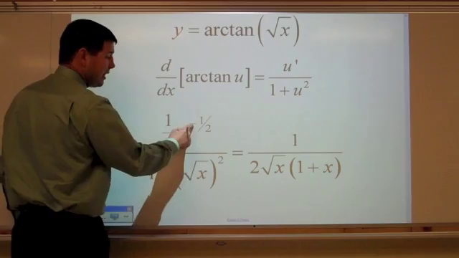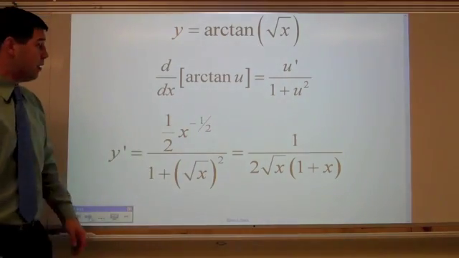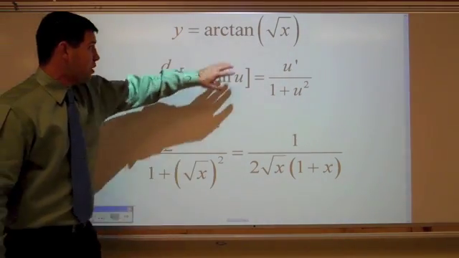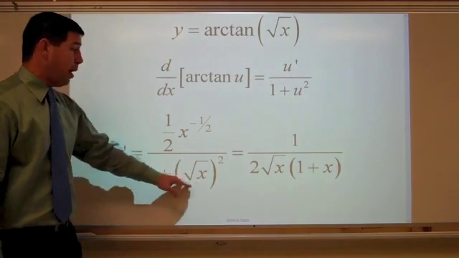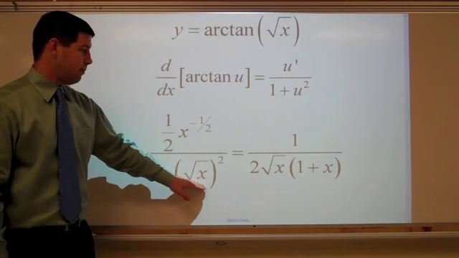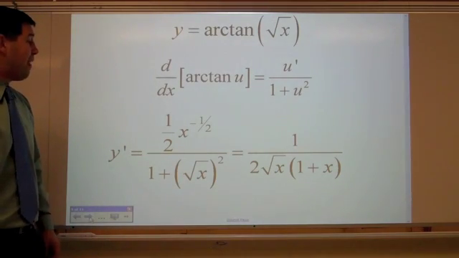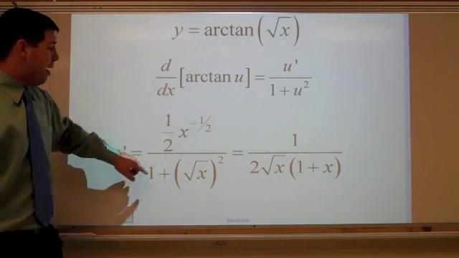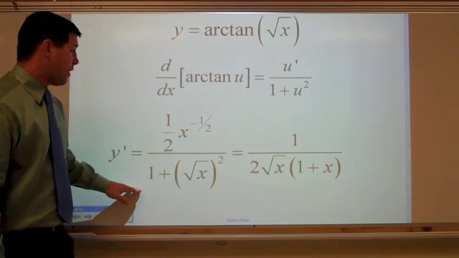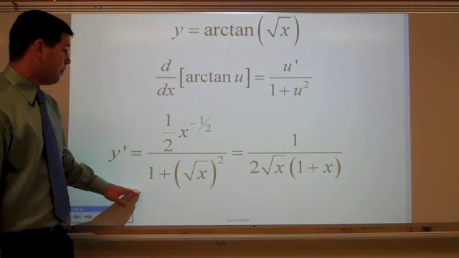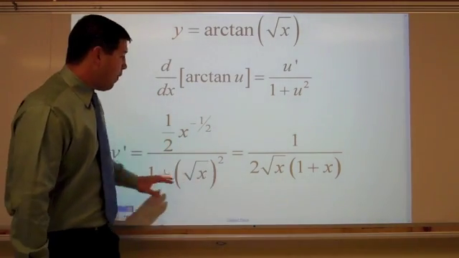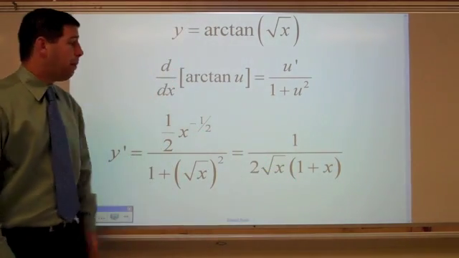That is your numerator. Denominator is 1 plus square root of x squared, so 1 plus x. You simplify this: the 2 goes in the bottom, square root of x goes in the bottom, and that whole thing is multiplied by 1 plus x.